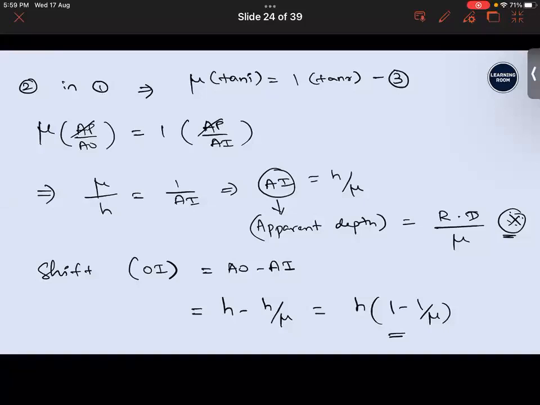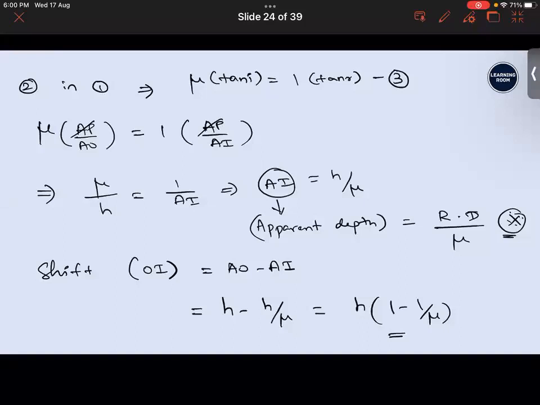I guess clear. So this is all about the concept of apparent depth and real depth.